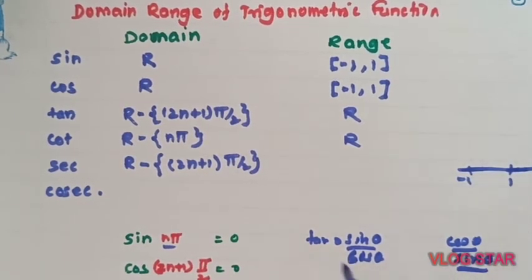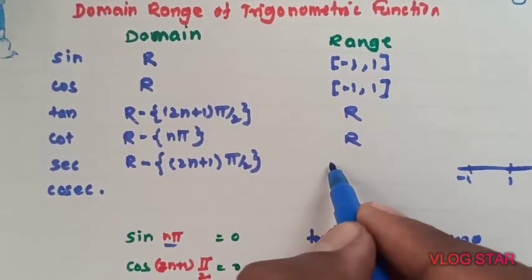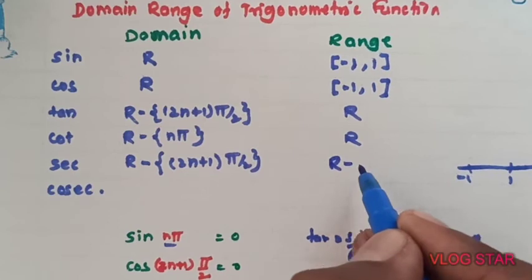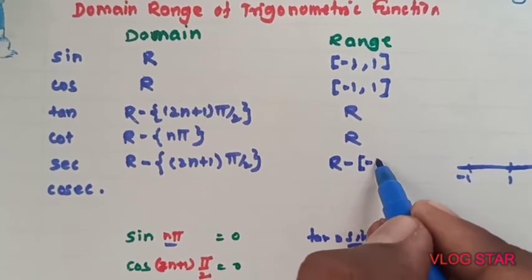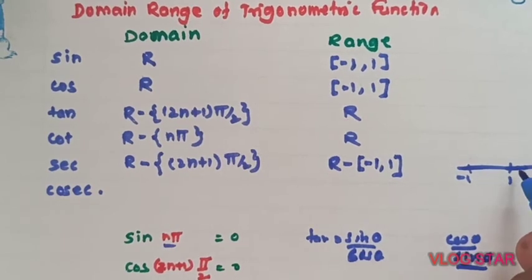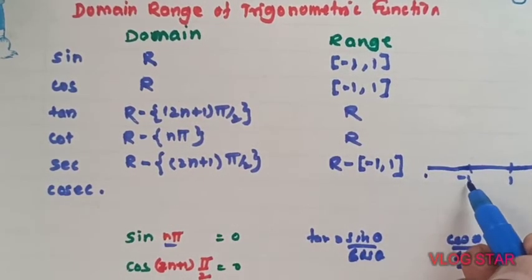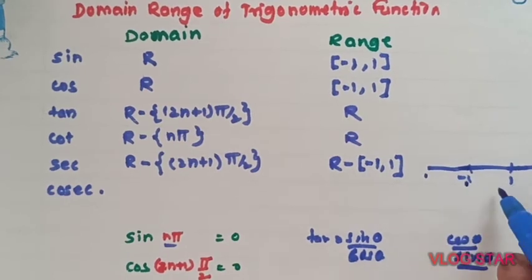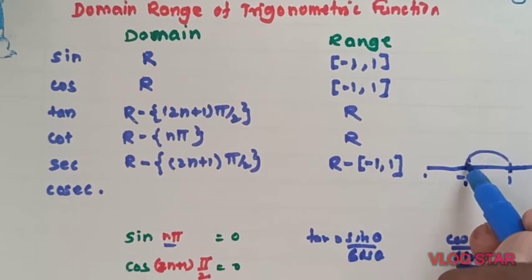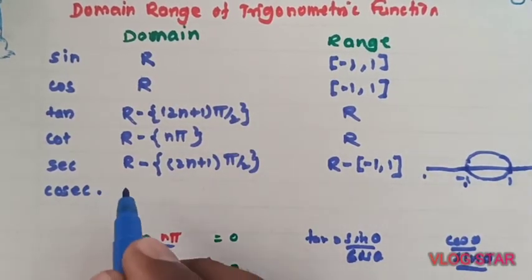Because it is the reciprocal of cos, it is R minus (-1 to 1). Graphically, your range is -infinity to -1 union 1 to infinity. So this part is excluded, except this your range is defined.